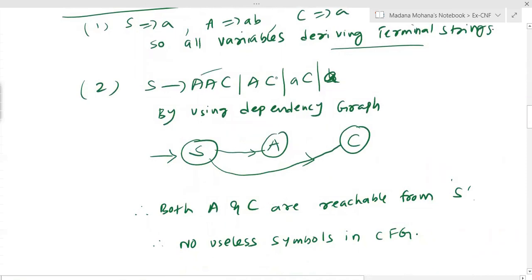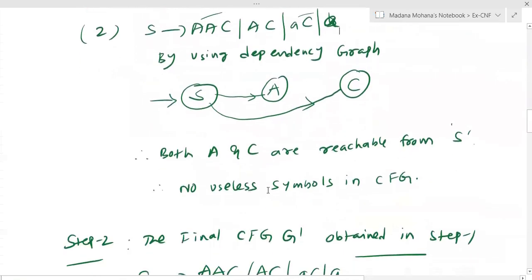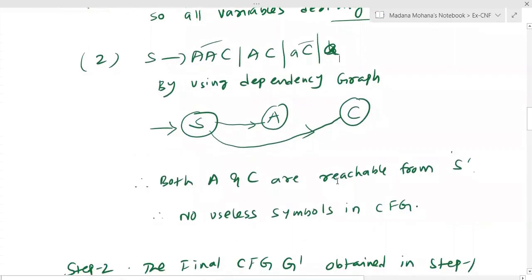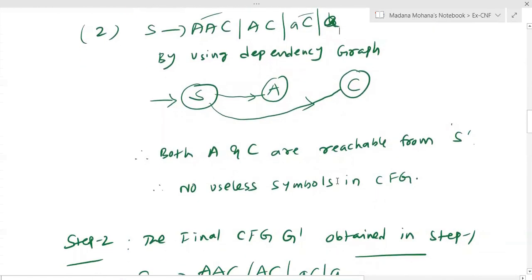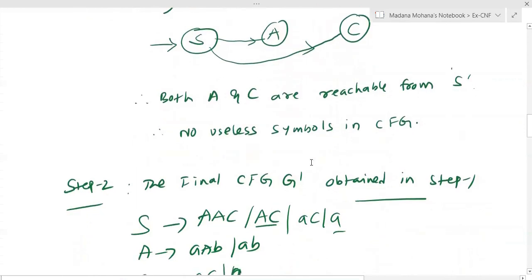On the right hand side we have A, then C. Take both A and C. There is a path from S to A, then S to C. So both A and C are reachable from S. Therefore the second condition is also satisfied, meaning there are no useless symbols. Therefore, no useless symbols means automatically there are no useless productions. That is step 1.